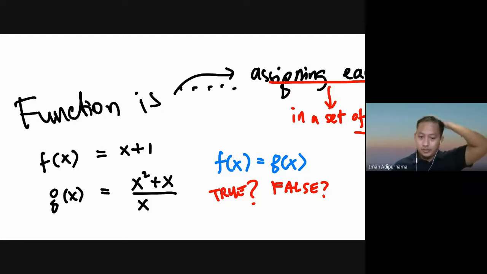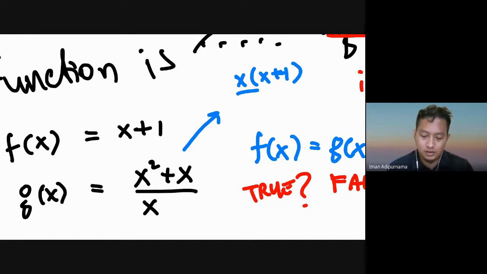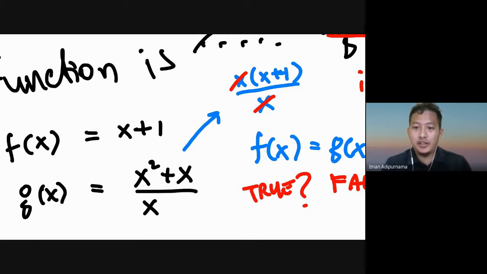Is it true or false? Well, sometimes you can argue, right? You can open a discussion, like, because for g(x) we have x plus 1 and then x. Oh, it's the same x plus 1. Yes, correct, Stephen.